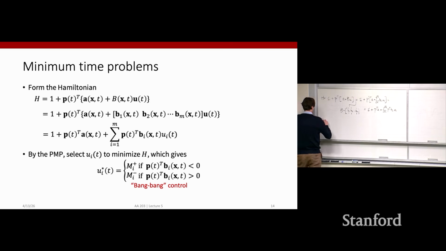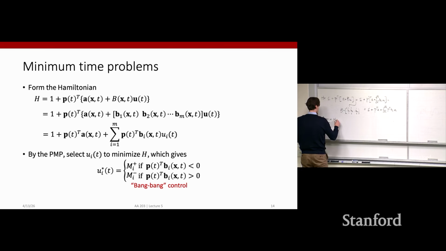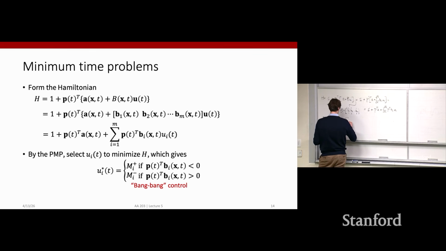So, as usual, u star will be the minimum with respect to u of the Hamiltonian, which, out of these three terms, only the last one depends on u. And so we want to minimize over u the summation over i of P transpose B_i u_i.